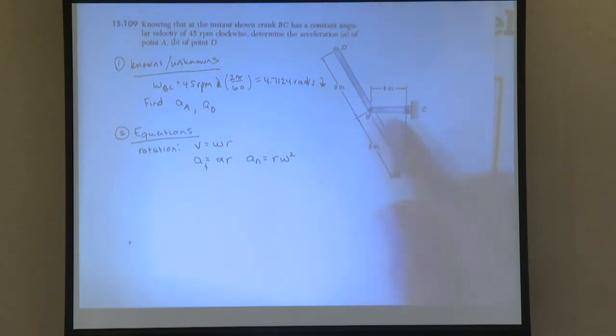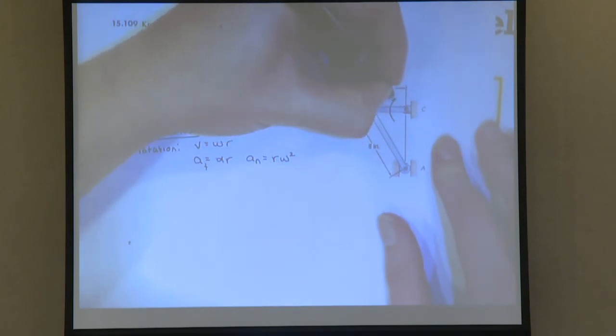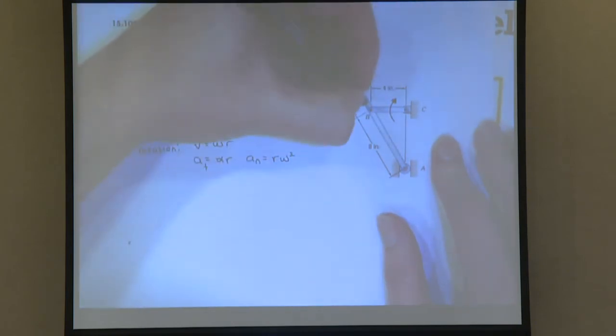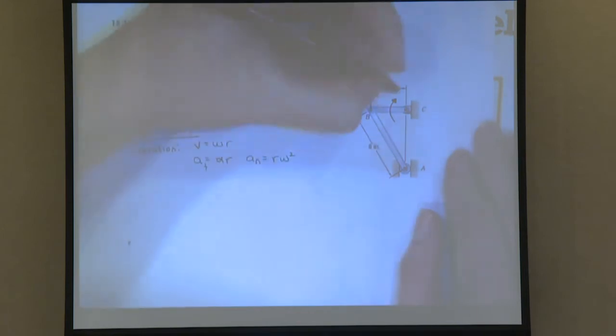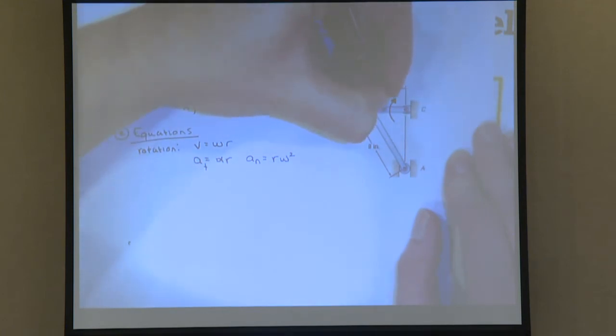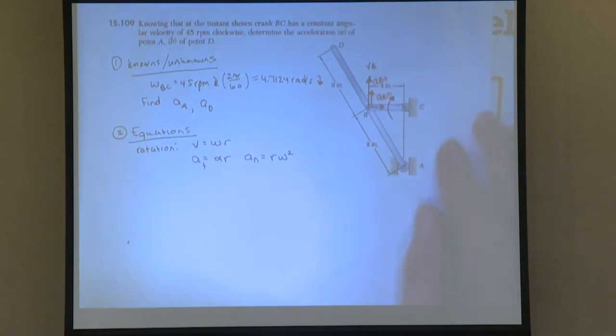So in this case, if BC were rotating this way, then we know that the velocity at point B is going to go straight up like that. The tangential acceleration of B will go up, and then the normal will go inwards.